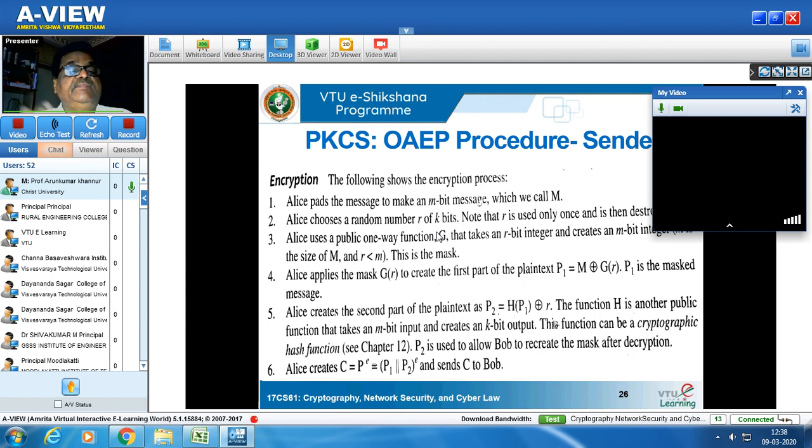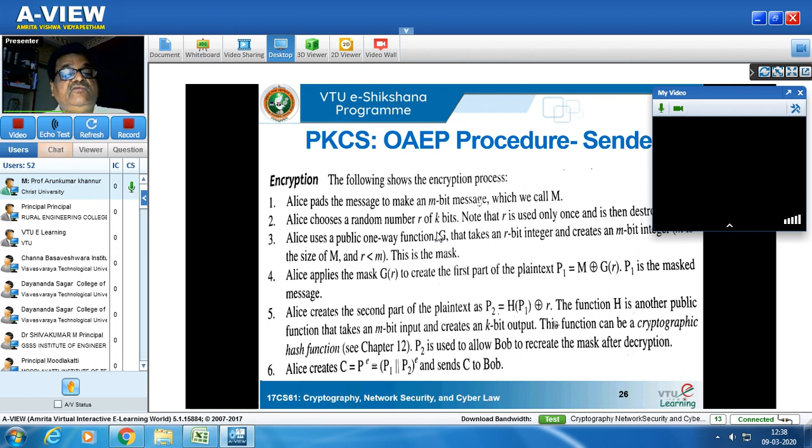There is one algorithm that has been provided. As soon as the sender tries to send a short message representing a fixed block, the encryption algorithm, if it is using the PKCS format, pads the message to make an M bit message, which we call M.